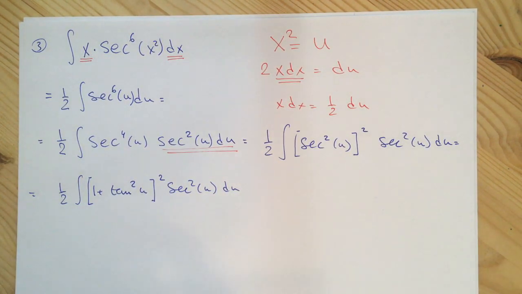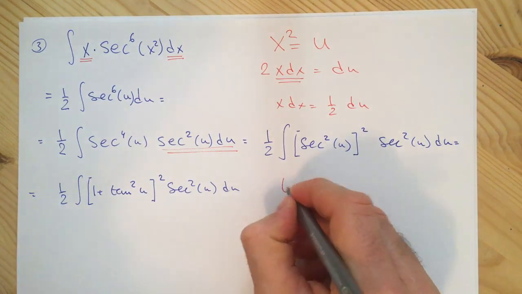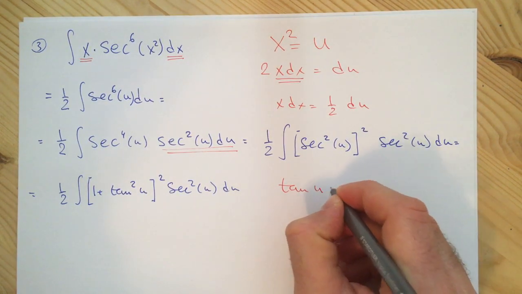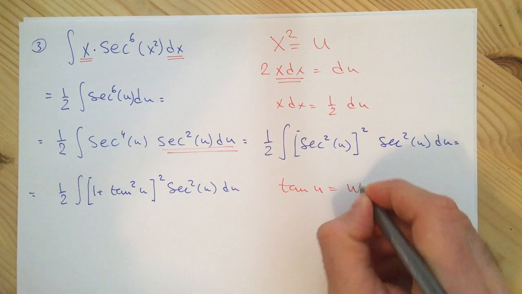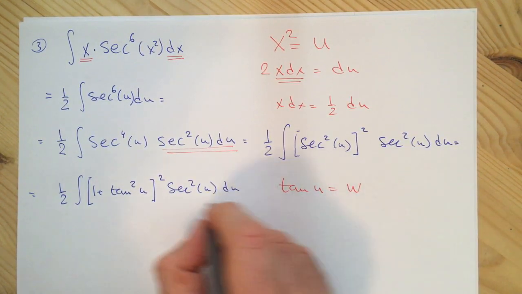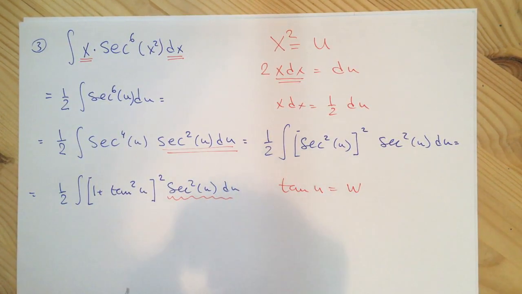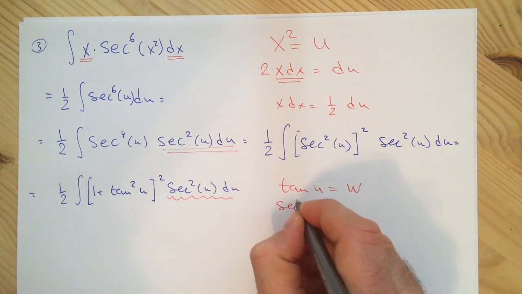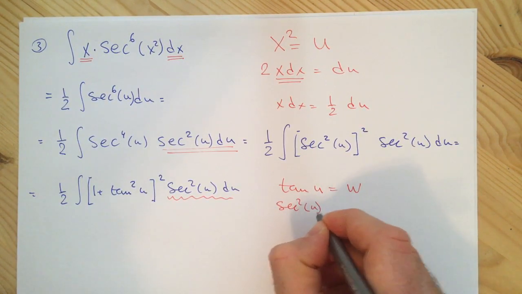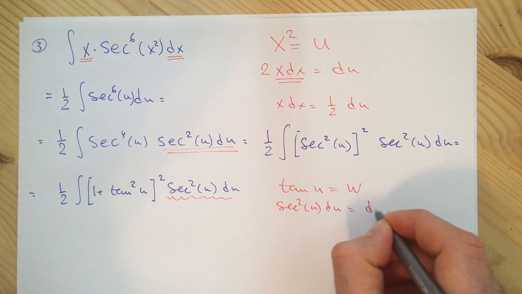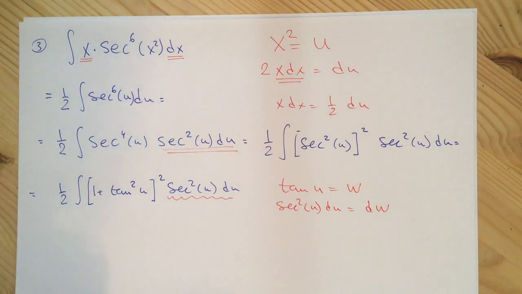Now you can apply the second substitution, tangent of u, let's say, is equal to w, and here, as we were expecting, secant squared of u du is just dw.